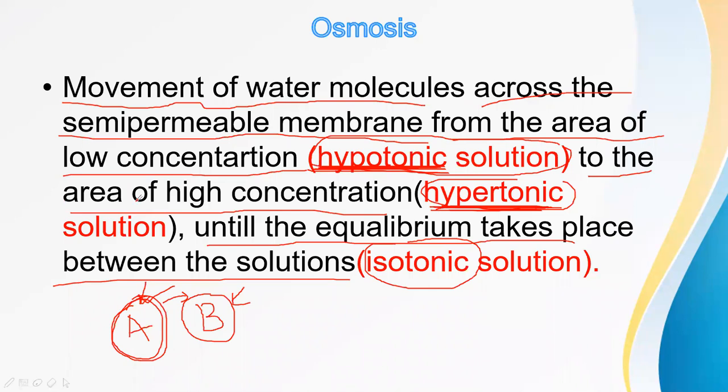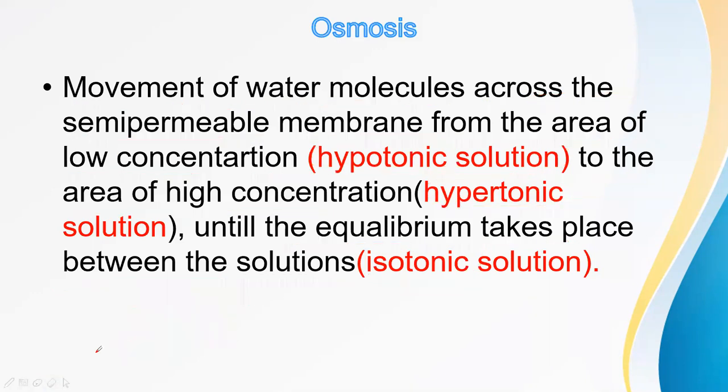But when it comes to osmosis, osmosis is quite opposite to diffusion. In osmosis, you can see the movement of water molecules across the semi-permeable membrane from the area of low concentration to the area of high concentration.